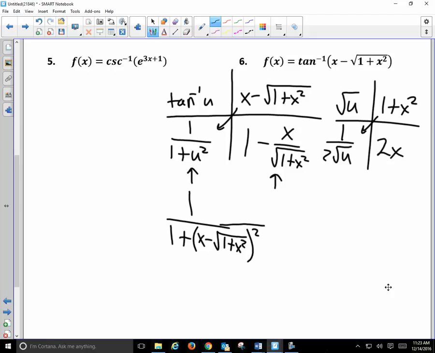So I plugged this in for you. That is going to be times 1 minus x over the square root of 1 plus x squared. It ain't pretty, but it doesn't have to be. It's just what it is. Doesn't really simplify.